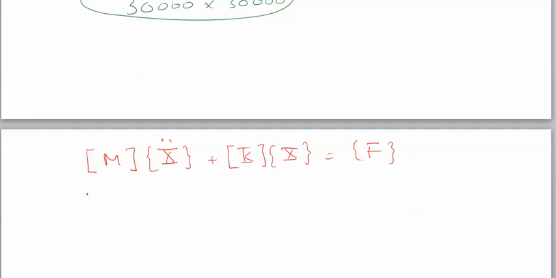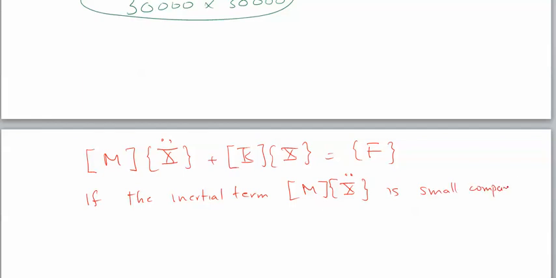But my point is that if the inertia term, which is the mass times acceleration term, is small compared to the other terms, by which I mean kx and f, for example, then maybe we can drop it.